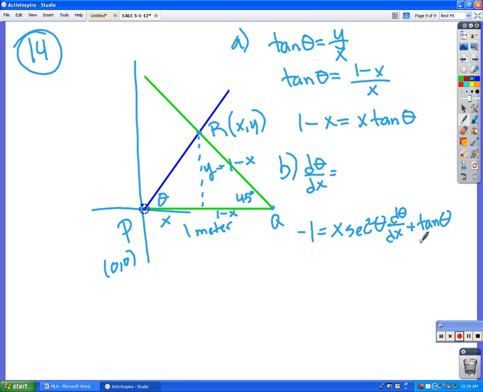So now I'm going to solve this for d theta dx. No idea if this is correct. So -1 minus tangent of theta equals x secant squared theta d theta dx. Divide both sides by x secant squared theta.